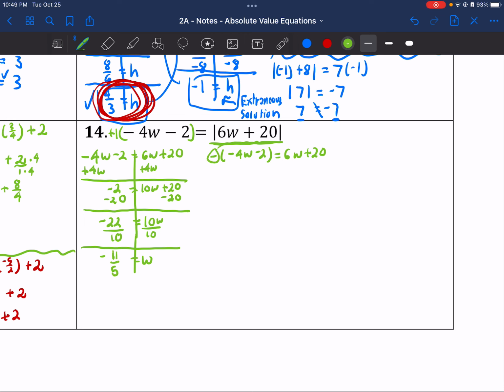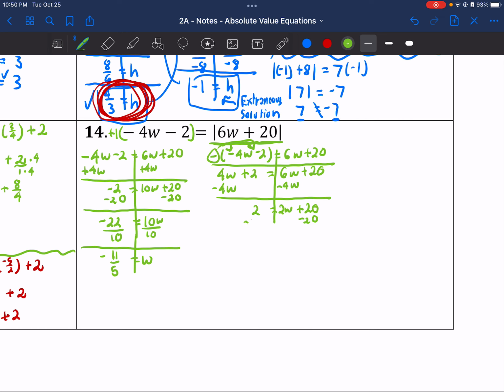Now we're going to distribute our negative into our expression. So we get positive 4w plus 2 is equal to 6w plus 20. Now we're going to subtract 4w on both sides, leaving us with 2 is equal to 6w minus 4w, which is 2w, plus 20.